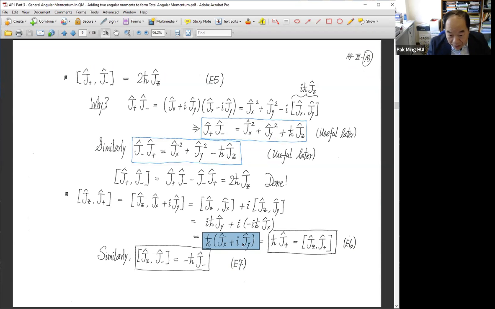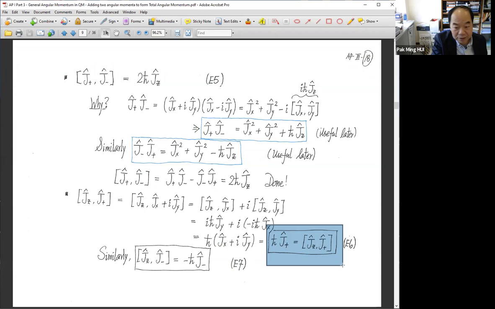And now, we see an interesting situation. The commutation is related to J plus again, okay? So we have this very important result. The commutator of Jz and J plus equals h bar J plus, all right?